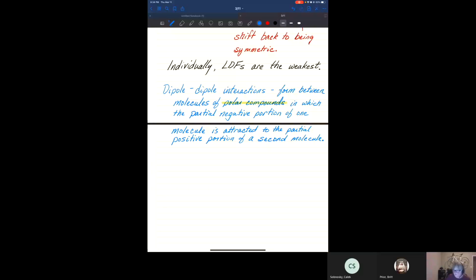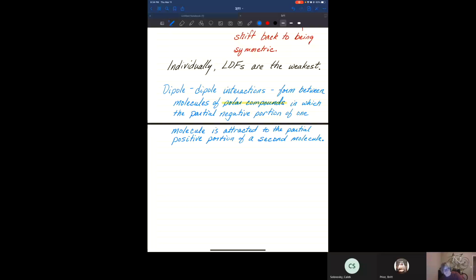So with dipole-dipole interactions, we're not relying upon this shift of electron density, which is admittedly going to be really small. We are actually dealing with things that have a positive end and a negative end. Because of that, we have a larger separation of charge. That larger separation of charge means that the attractions are going to be stronger.